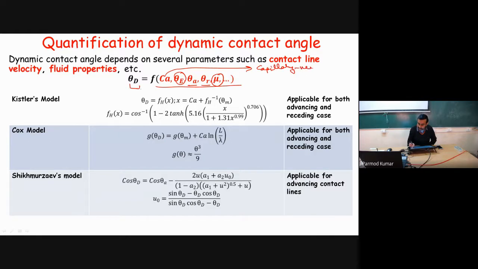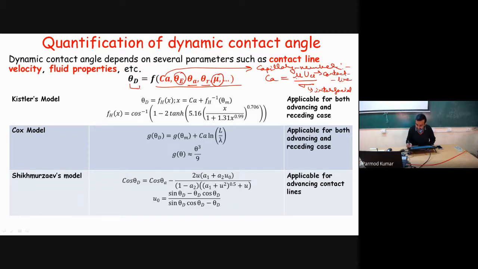The capillary number is a non-dimensional parameter obtained by the balance of surface tension and viscous forces. Its value is mu UCL divided by sigma. Here sigma is interfacial tension, mu is the coefficient of viscosity, and UCL is the contact line velocity.